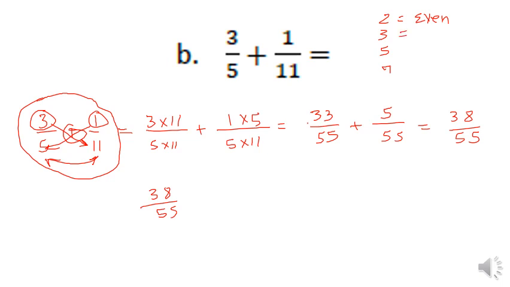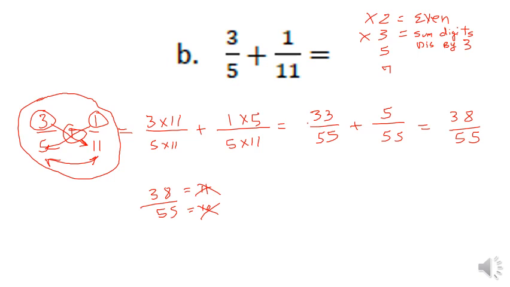For 3, the sum of the digits have to be divisible by 3. So in this case, I would take 8 plus 3 equals 11. And this one here, 5 plus 5 is 10. Neither one of these is divisible by 3. So 3 is not a good choice.